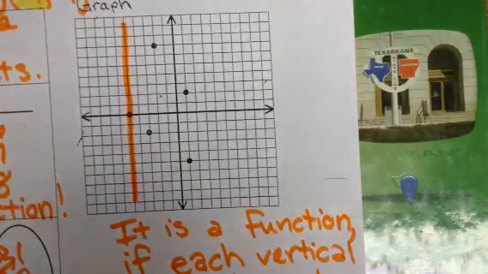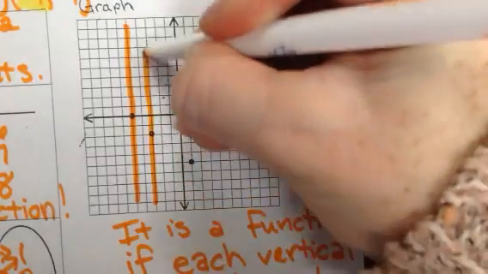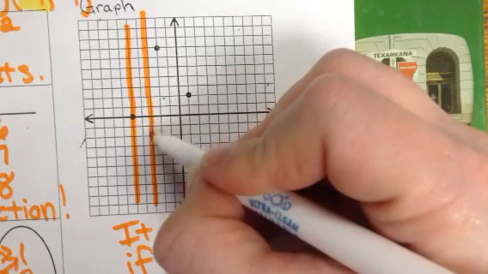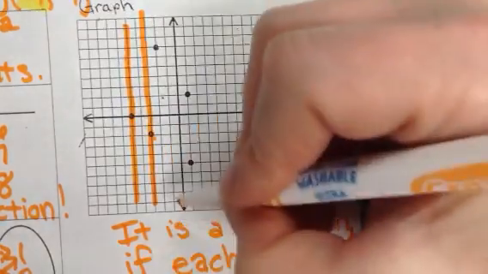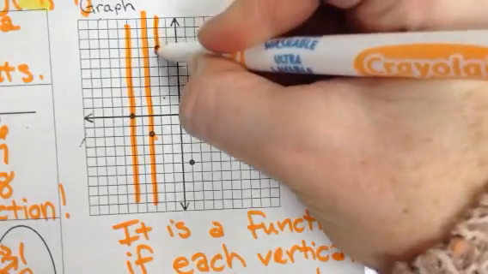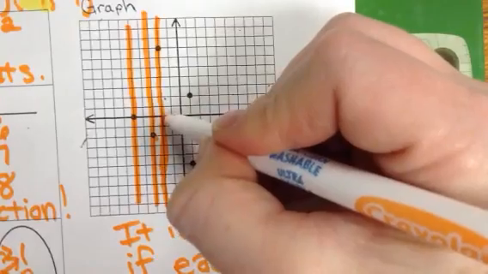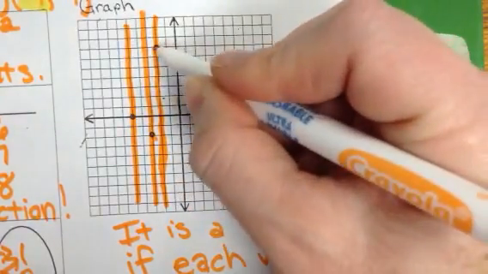So far, it's a function until I check the whole graph. On my next vertical line, so this is the x value of -3, it only has this one y value of a -2. My next vertical line, because there's a point right there, so this x value of a -2 only has this one y, whatever positive number that is.